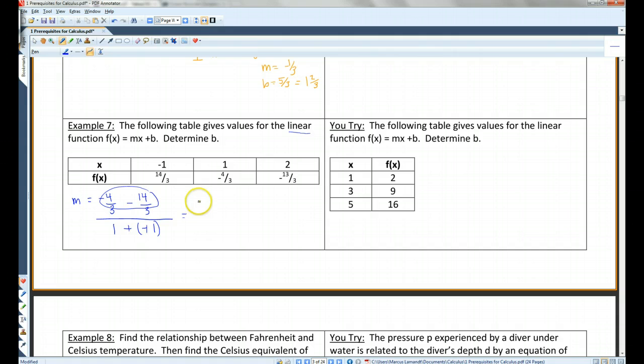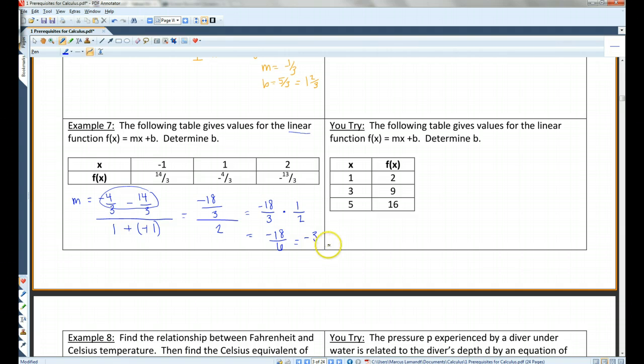Negative 4 minus 14 is negative 18, so I've got negative 18 over 3 all over 2. Okay, so this is the same thing as negative 18 over 3 times 1/2, because when you divide fractions, you flip the second fraction and multiply. So I've got negative 18 over 6, which gives me negative 3.